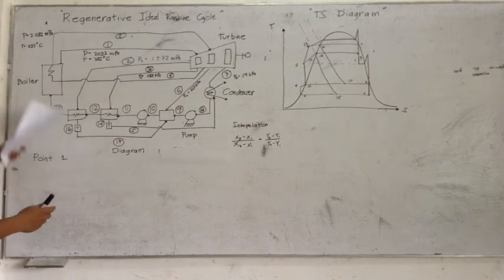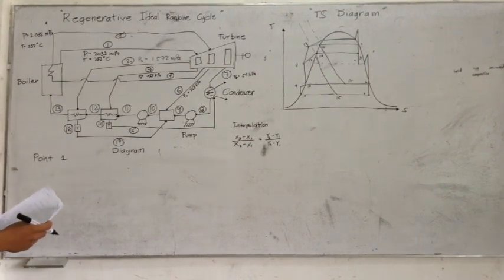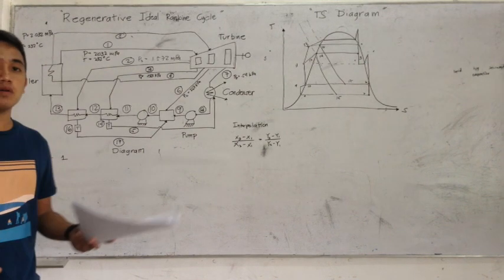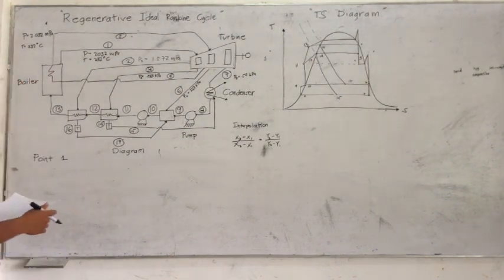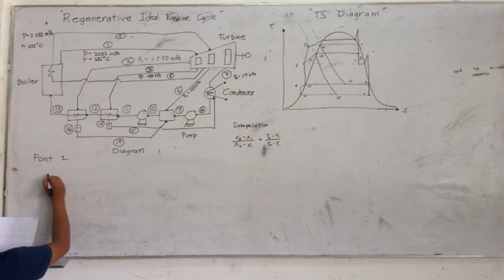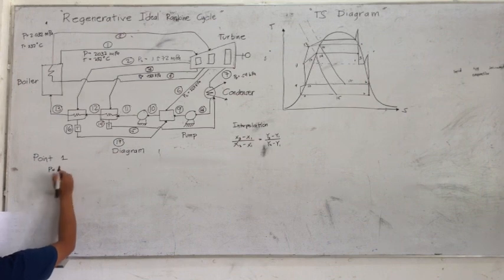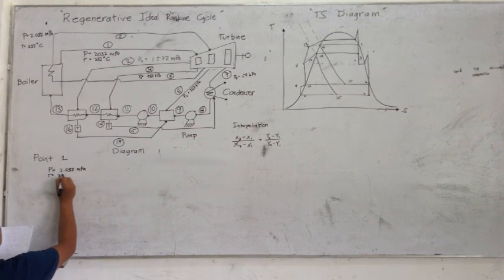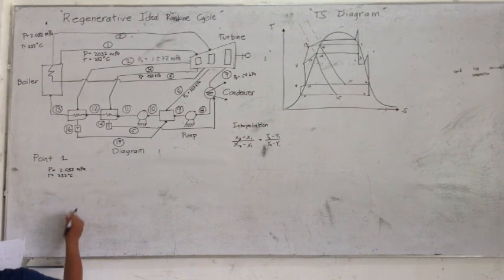At point 1 we try to locate H1, which is the enthalpy, and S1, which is the entropy.